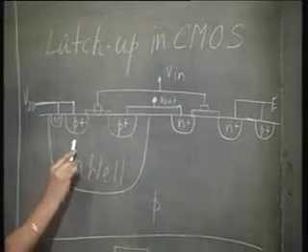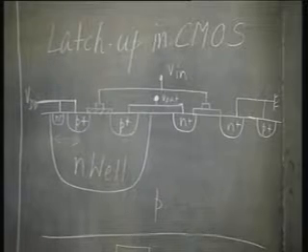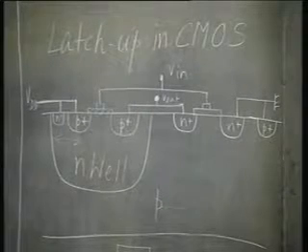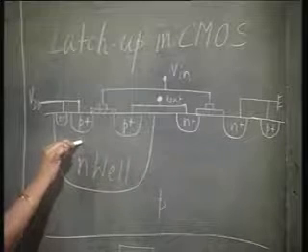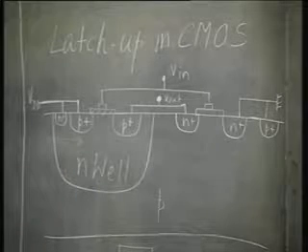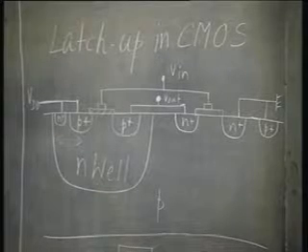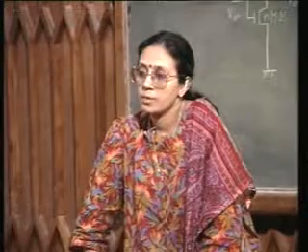If I have a voltage drop between this, agreed? So, the N-well potential here at this point underneath the P plus region can again be more than minus 0.7 volts.